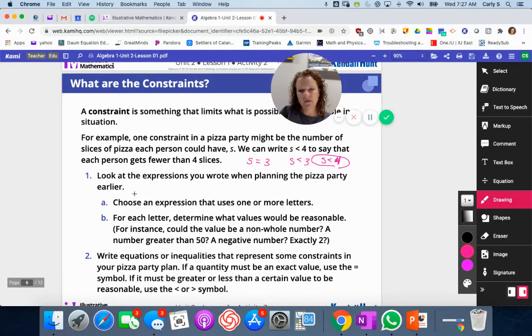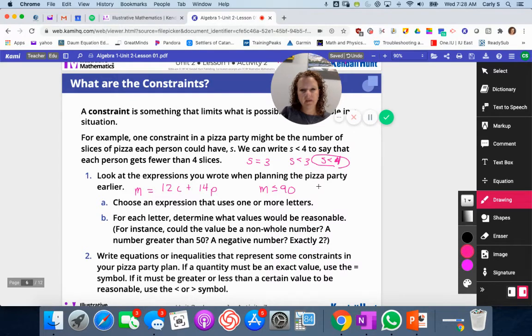Okay, we used M equals, we're going to ignore the tax for right now. Cheese times 12, we use 12C, plus 14P. All right, so what are our constraints? Well, if we only have $90 total, we would have that constraint. M has to be less than or equal to $90. That's all the money we have.